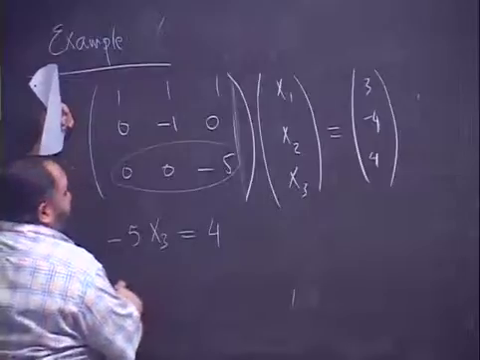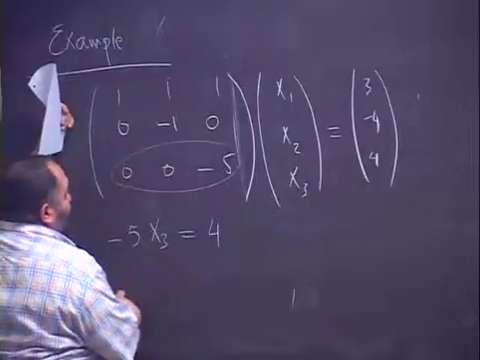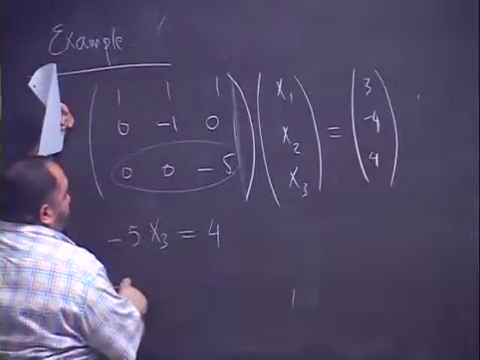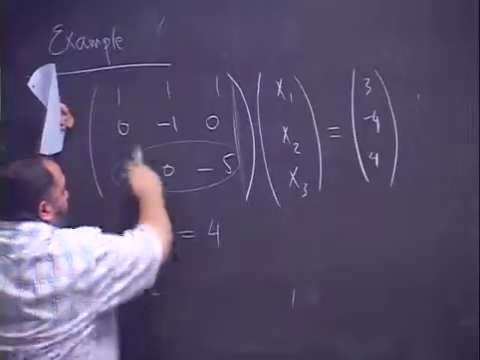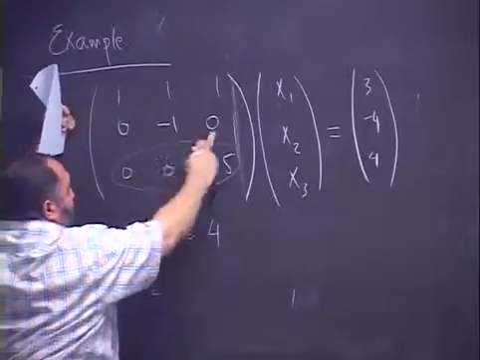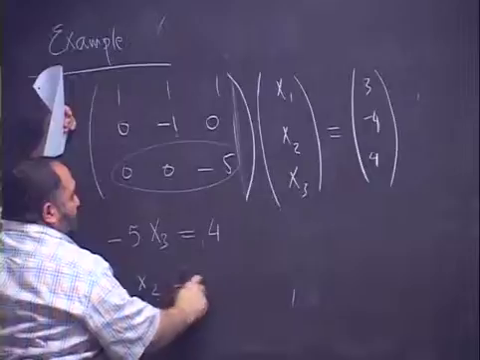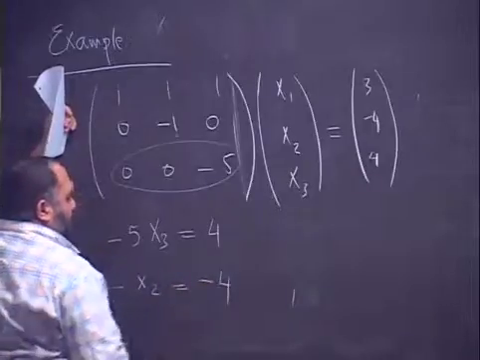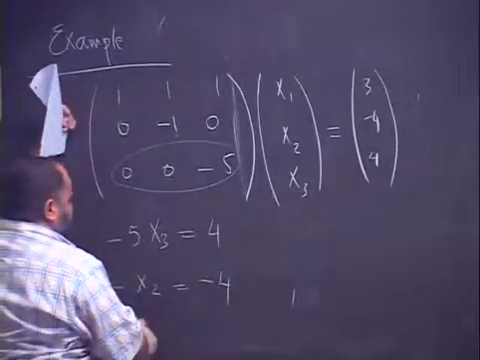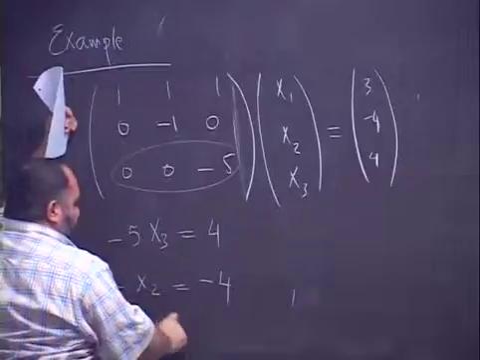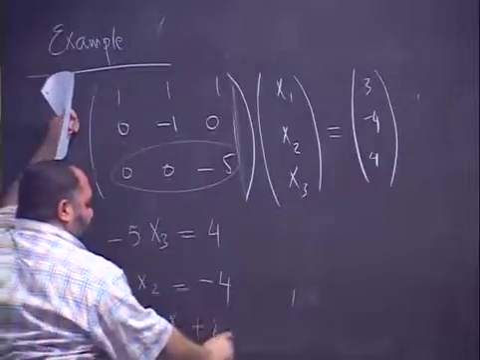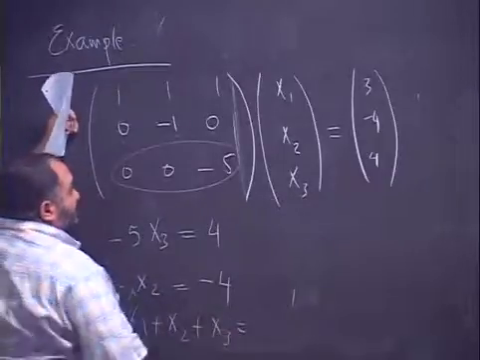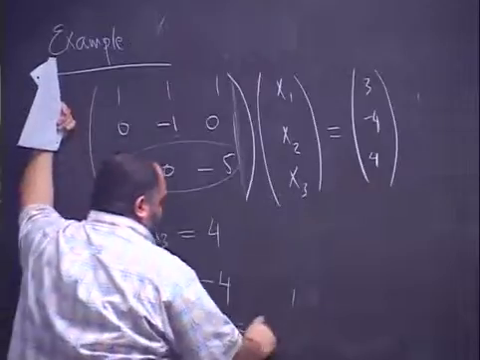And the second equation will be negative x2 equal to minus 4. And the first equation, x1 plus x2 plus x3 equal to what? 3.